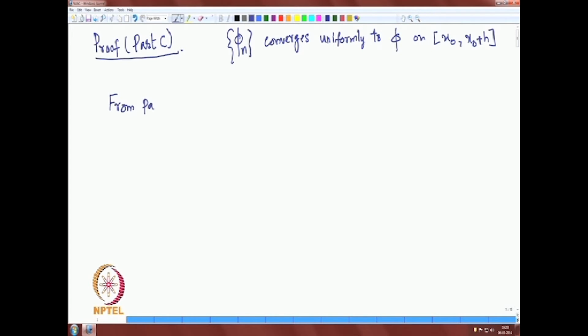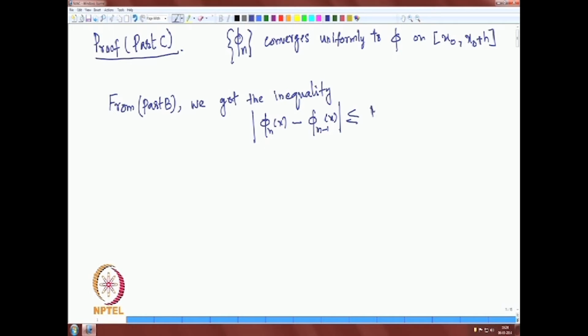From part B we got the inequality: the absolute value of phi n of x minus phi n minus 1 of x is less than or equal to M by alpha times (alpha h) to the power n by n factorial.